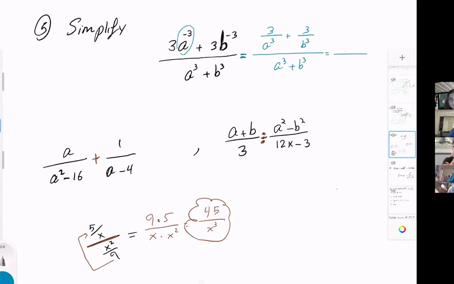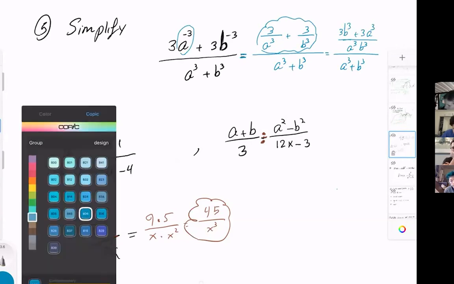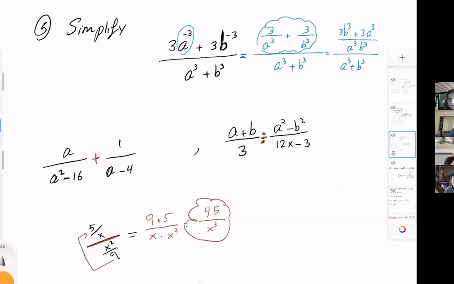We'll find the common denominator for here, which is a cubed multiplied by b cubed. We're going to get 3b cubed plus 3a cubed. I multiply this by b cubed, I multiply this by a cubed.